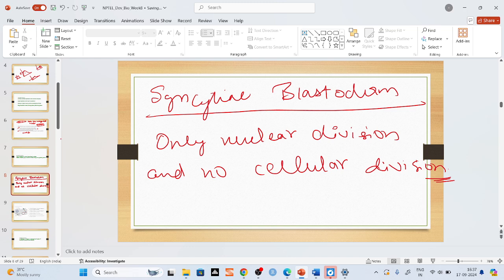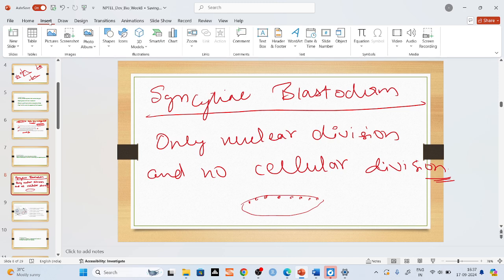That means the nucleus keeps on dividing within the blastoderm, but the cellular division does not take place. So if this is your embryo, your nucleus is getting divided, but the membrane around the nucleus is not formed. So it is a syncytium.